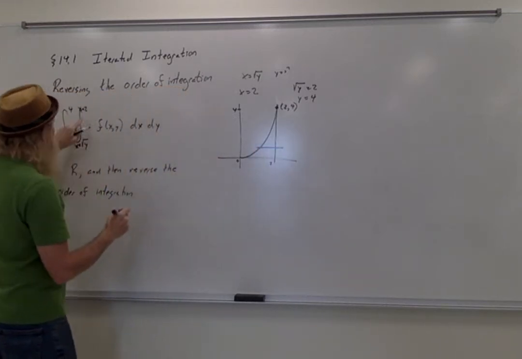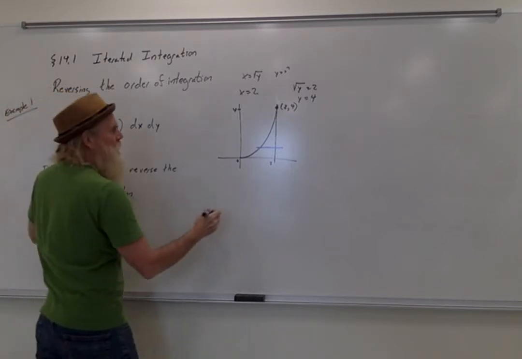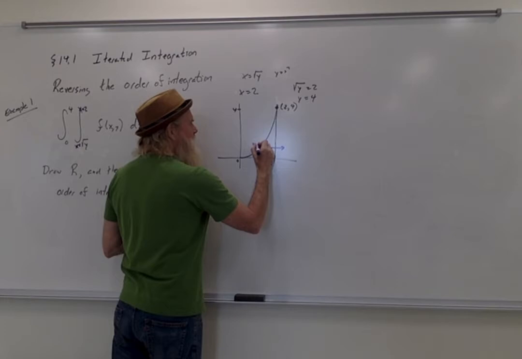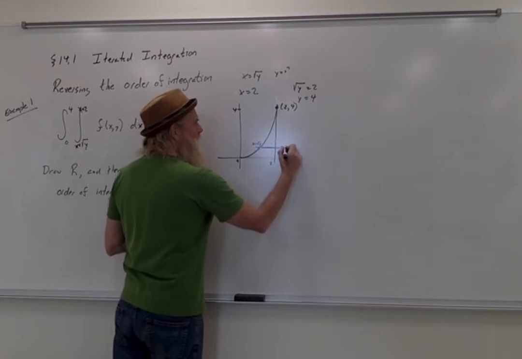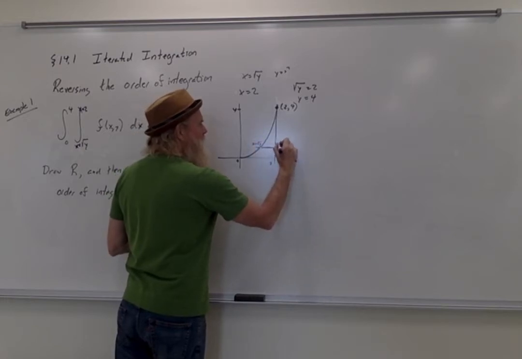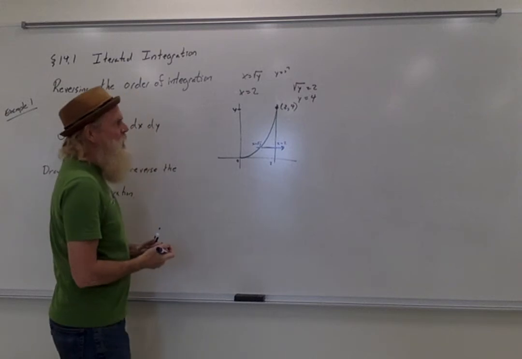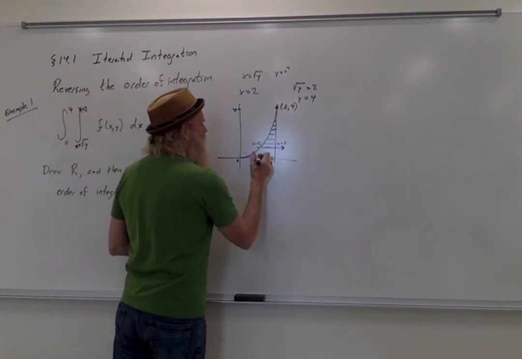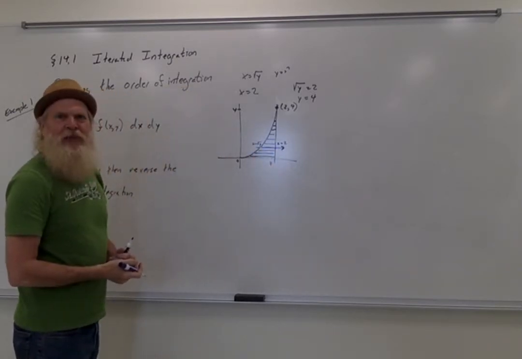And I'm exiting, or leaving, on x equals 2. So notice I'm entering on x equals square root of y, and I'm exiting on x equals 2. So if I do that all the way from y equals 0 up to y equals 4, that's the region I have.